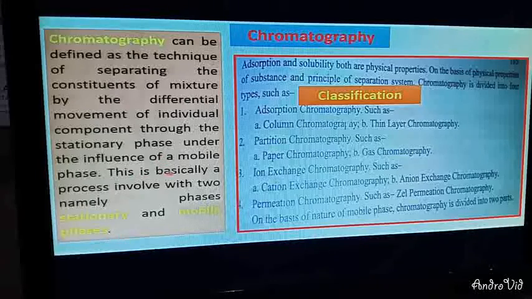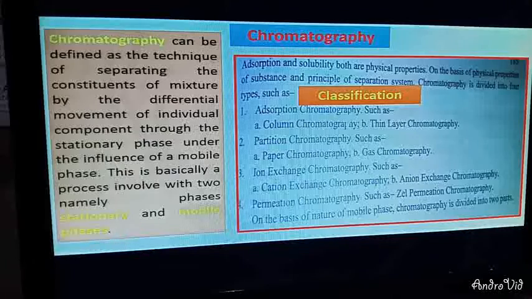This process involves two phases, namely the stationary phase and the mobile phase. So this is a very important separation process. So what is chromatography?